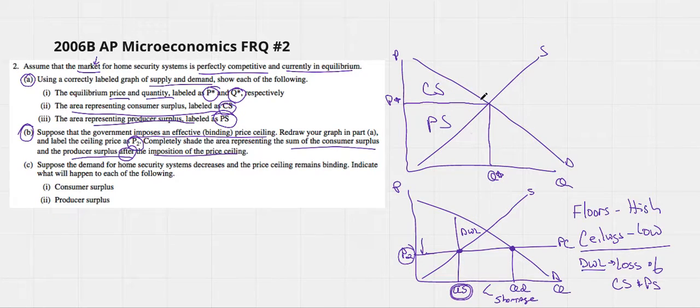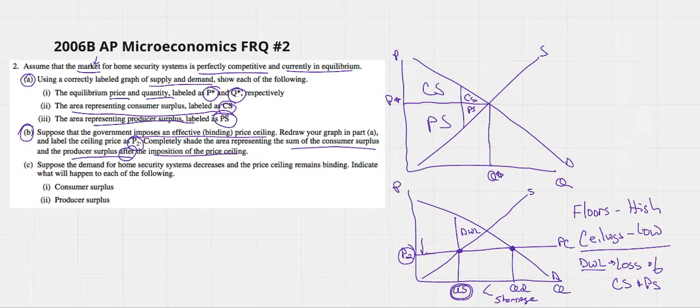And we have this area of deadweight loss. I'm just going to draw it in up here. Let's say it looks like that. Can we see that with this deadweight loss, this loss of quantity, we've lost this amount of consumer and this amount of producer surplus because of the price ceiling? This is an excellent definition to be able to use on the College Board.